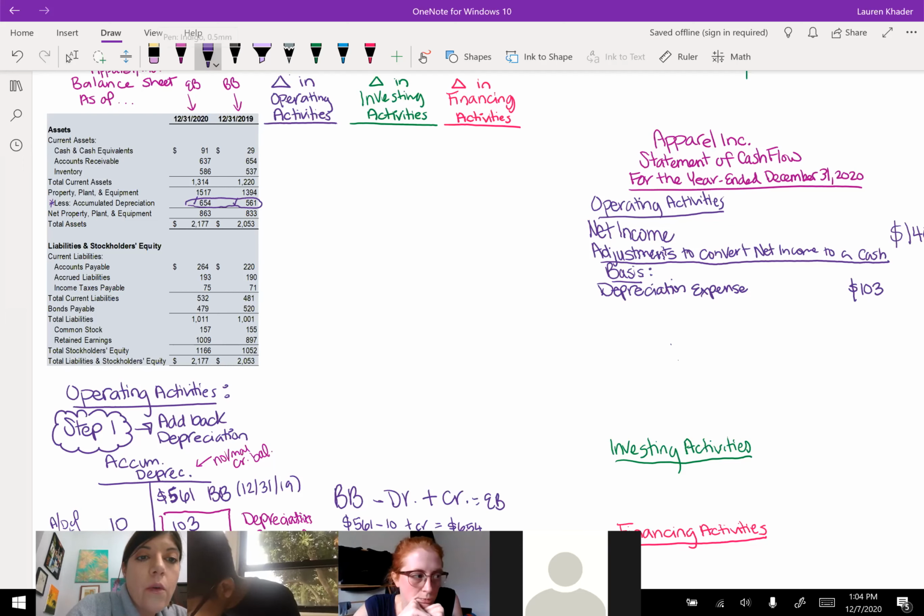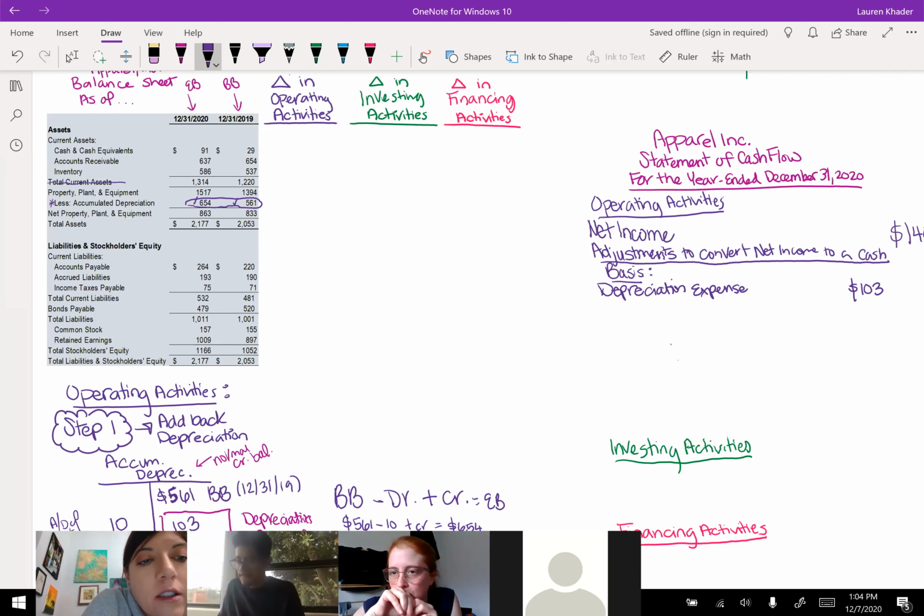So in the balance sheet, we do not need the total lines, so you can actually cross these out. Don't need the net. Don't need total assets.